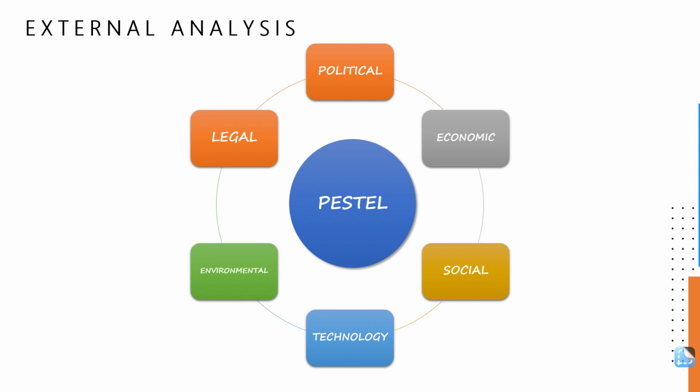Then environmental. The environmental factor is nowadays most important to maintain sustainability. Most organizations now adopt various things to help nature sustain for the future.